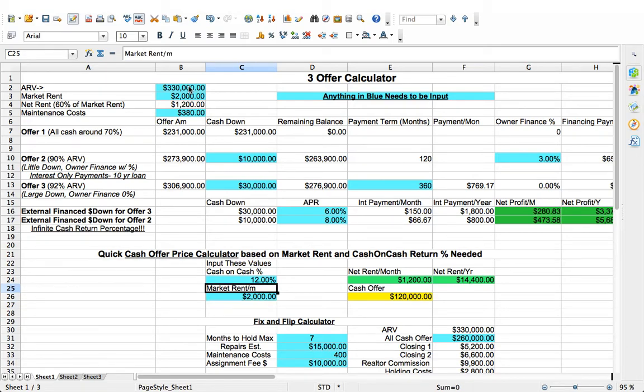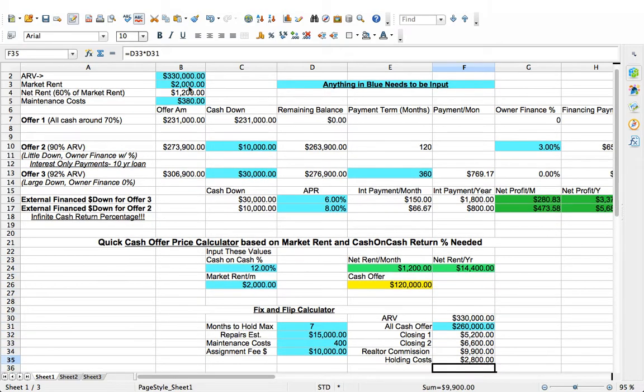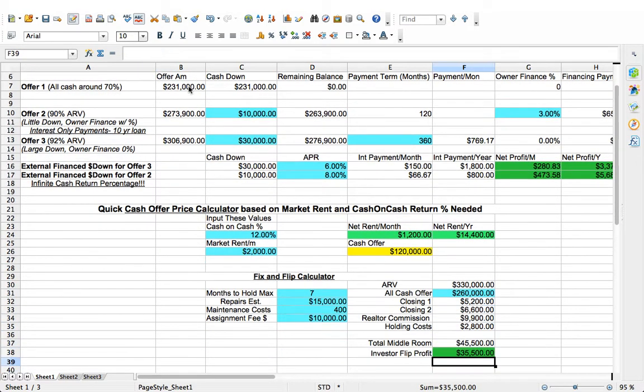So this is a bit higher. So if you want a 12% return, you can offer them $120,000 cash for the house. The net rent here will show $1,200, which is 60% of 2,000, and then the net rent per year is kind of what you'll be making per year. Obviously that's rounded as well.